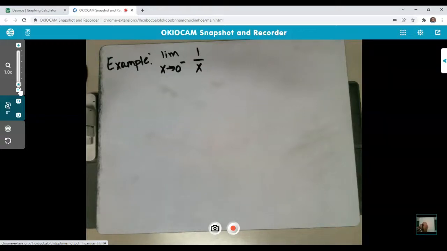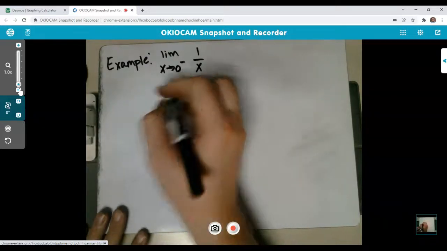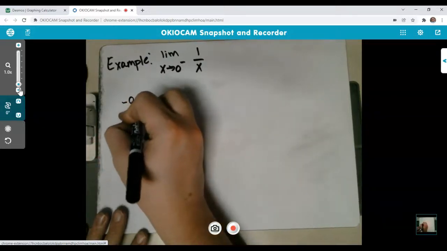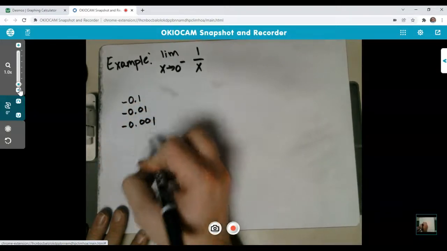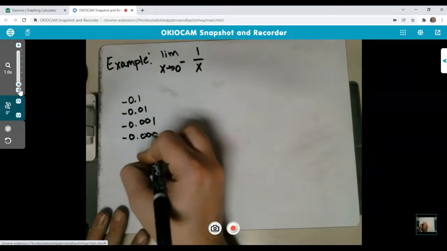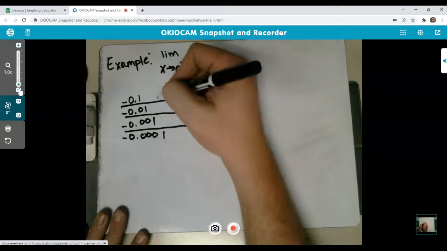Okay. So I'm looking at the left-hand side, so I'm going to use points from the left. So I'm getting close to 0, so negative 0.1, negative 0.01, negative 0.001, negative 0.0001. Right, because it's asking for the left.